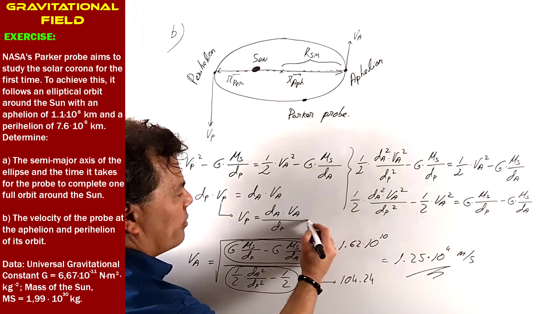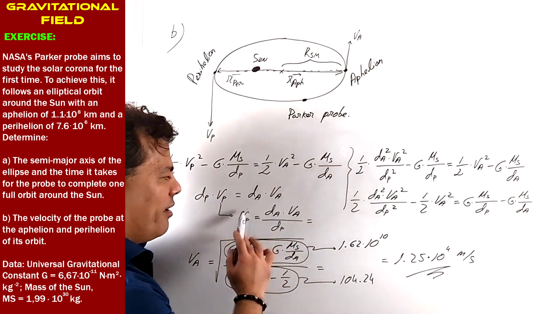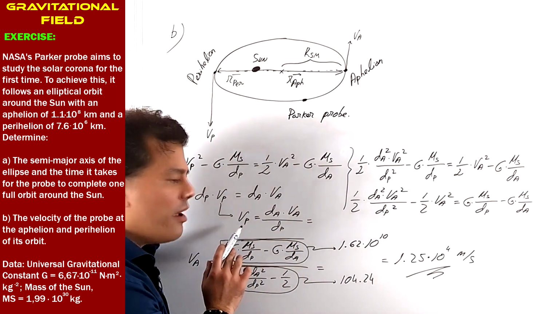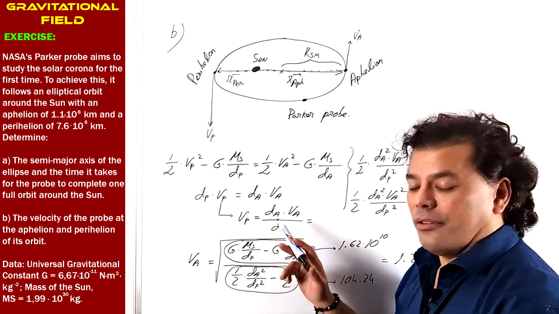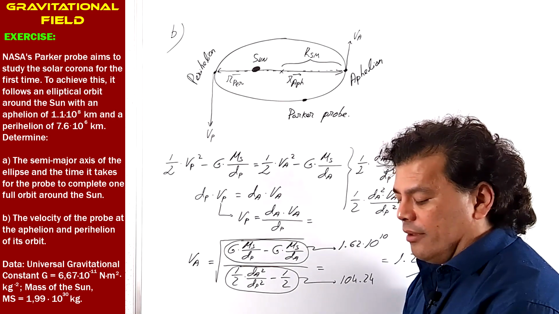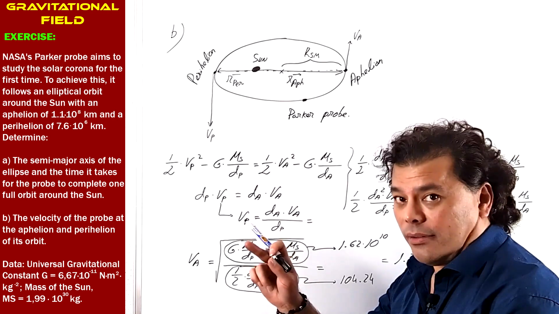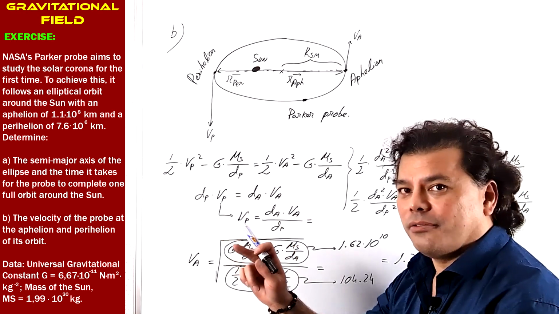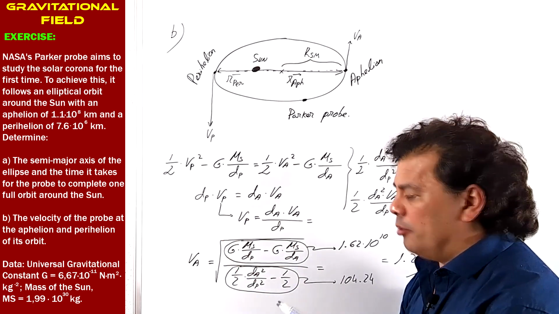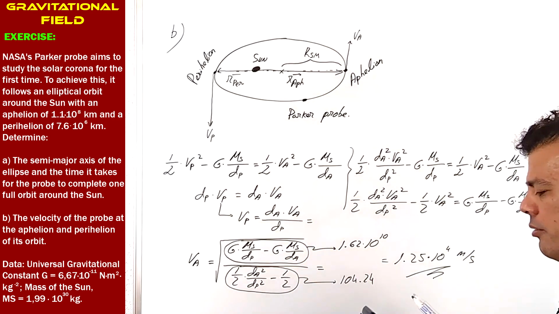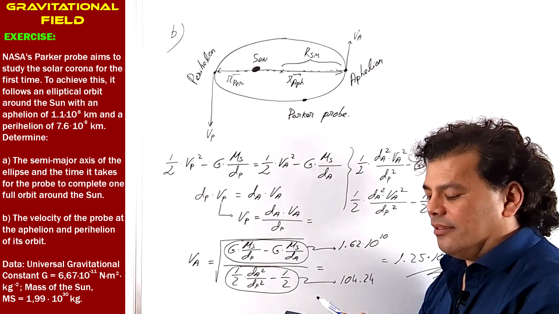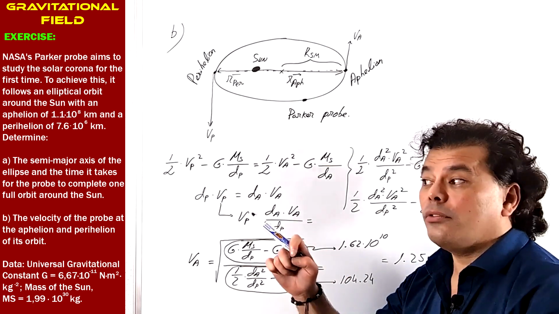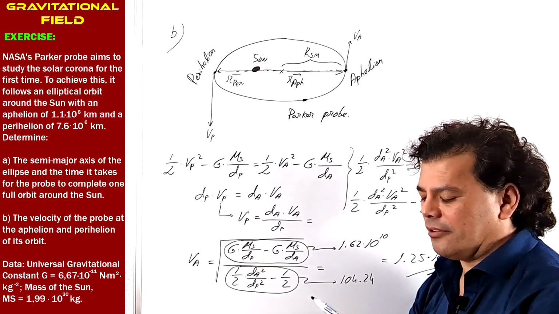And by introducing this result here, we are obtaining the velocity at the perihelion, that is distance to the aphelion, 1.1 times 10 to the 11, not 8, but 11 in order to put it in meters, multiplying 1.25 times 10 to the 4th, divided by the distance to the perihelion, 7.6 times 10 to the 9th, not to the 6th, to the 9th, in order to put it in meters.